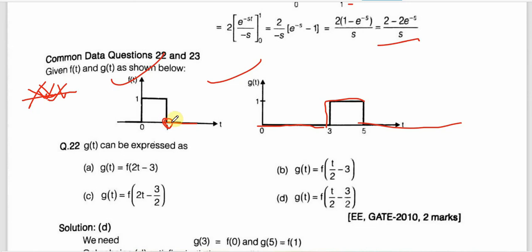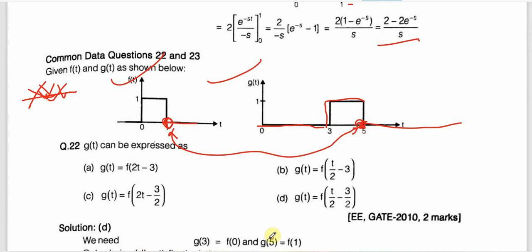At t equal to 1, what will be the value of f of t? At t equal to 1, its value is 0, and at t equal to 5, the value of g of t is also 0.